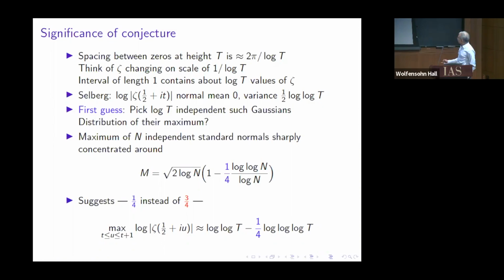That's a problem which I think the probabilists and the actuaries have been interested in for a long time, because it's of real world significance to understand the worst flood that can happen in 100 years and so on. It was well understood what the maximum should be, but the constant in the lower order term is 1/4 instead of the 3/4 that's suggested in the conjecture of Fyodorov, Hiary, and Keating.